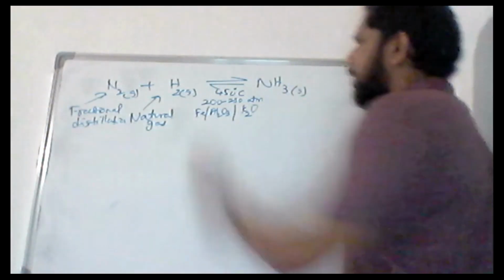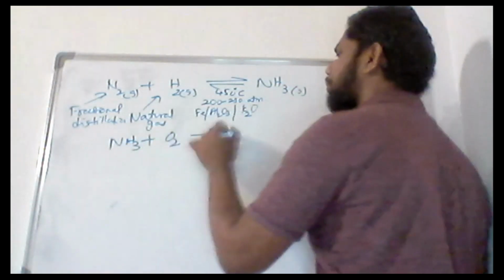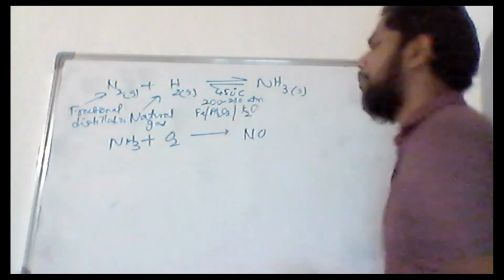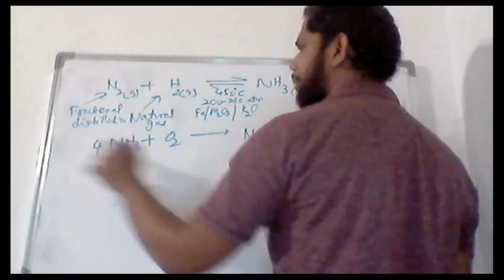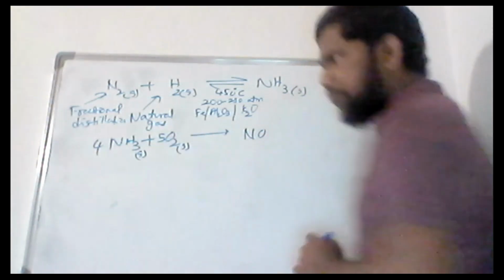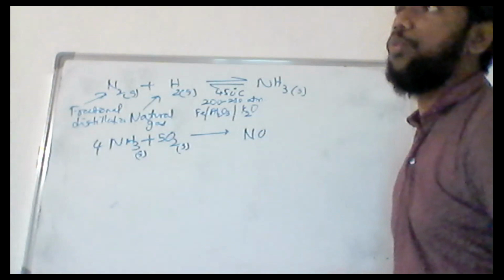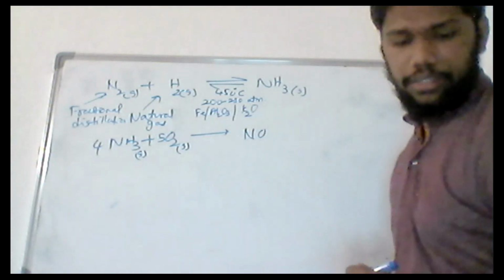Okay. Then you have ammonia that is going to react with oxygen to form the main component, that is NO. And this reaction is going to happen in a 4:5 ratio. Basically, we say like 1:9 when the overall composition is taken.